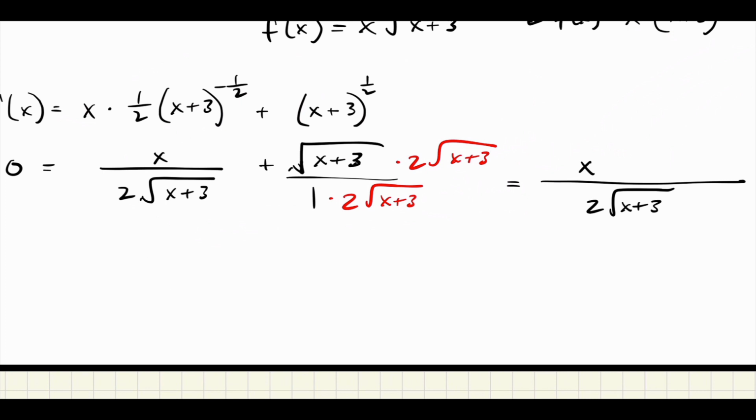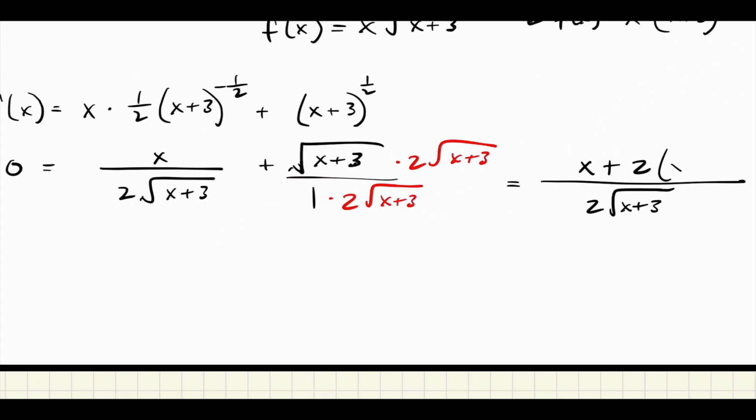So the first guy just gives me an x. The second guy, I'm going to have 2, but then I have these 2 guys multiplied times each other. So when I multiply these 2 guys times each other, what's going to happen? The root's going to go away.